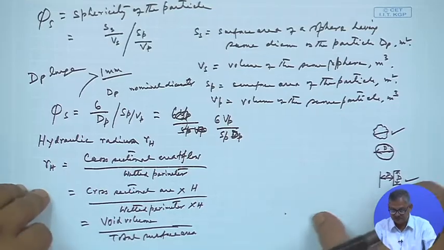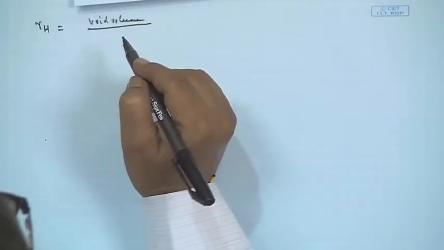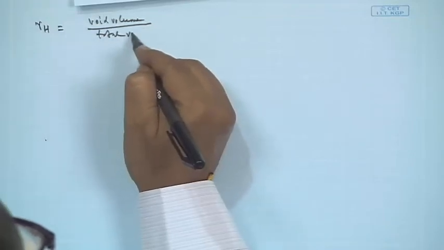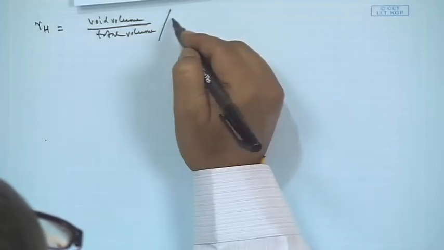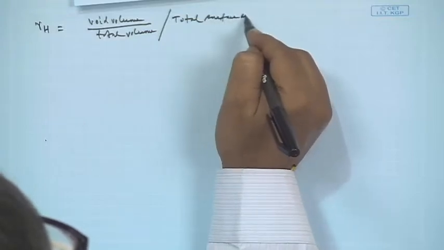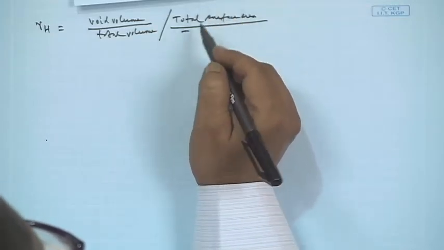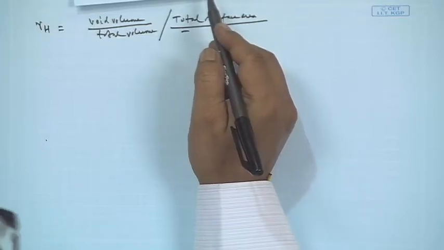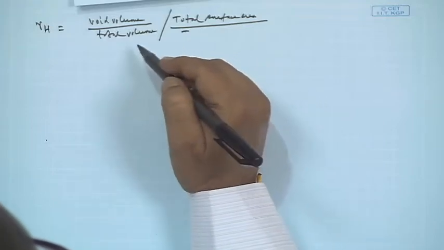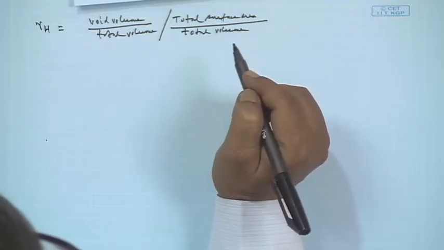So, if now we do a little jugglery, RH is equal to void volume divided by total volume over total surface area divided by total volume.